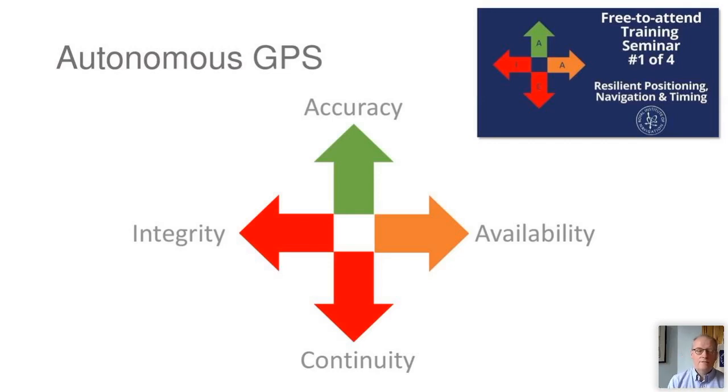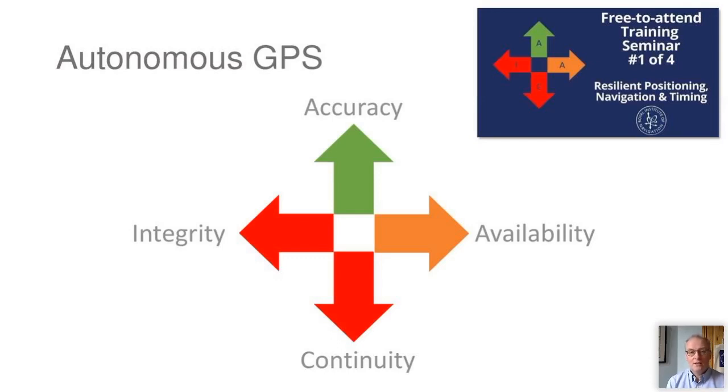So let's look first of all at a GPS receiver, just to illustrate this a little bit. In this example, I'm talking about an autonomous GPS receiver. And the color coding here is indicative. Red would indicate low, orange would indicate medium, and green would indicate high.